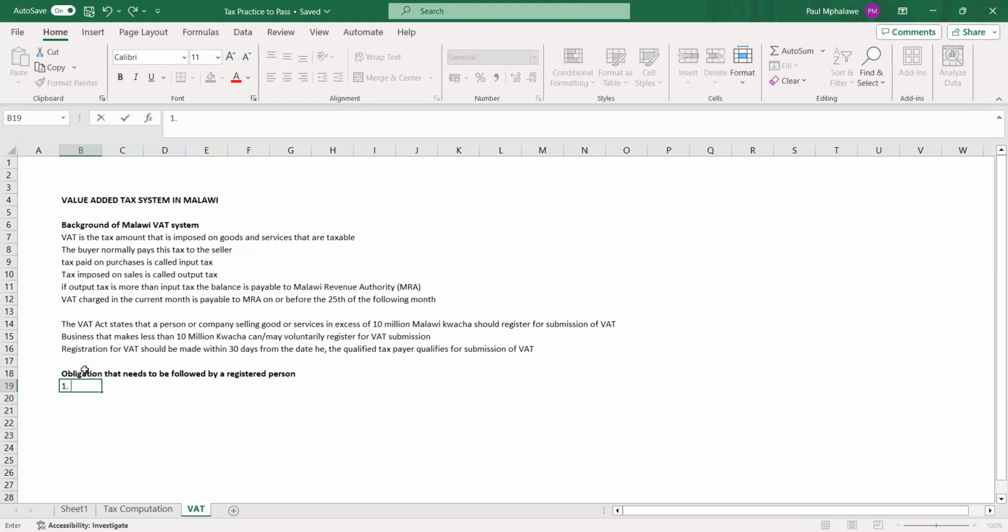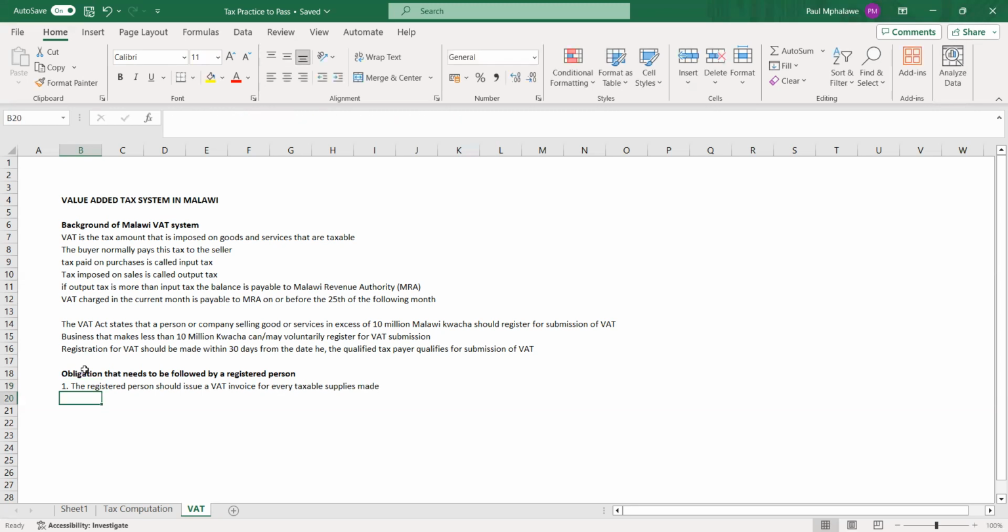Number one, the registered person should issue a VAT invoice for every taxable supply made.